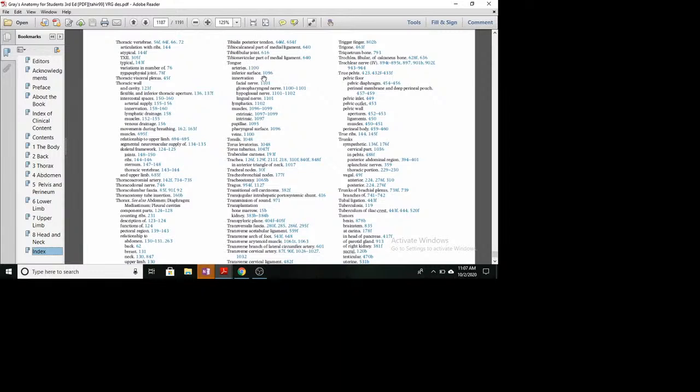It is present on the inferior surface. Innervation: facial nerve, glossopharyngeal nerve, hypoglossal nerve, and lingual nerve.